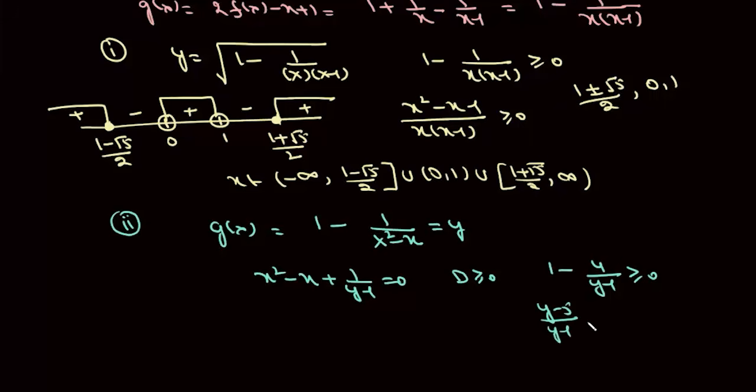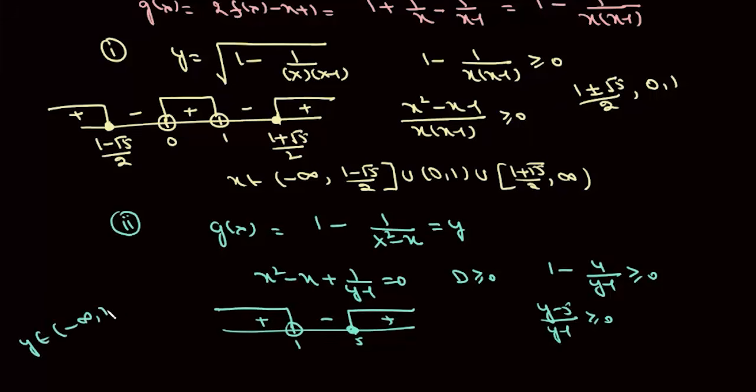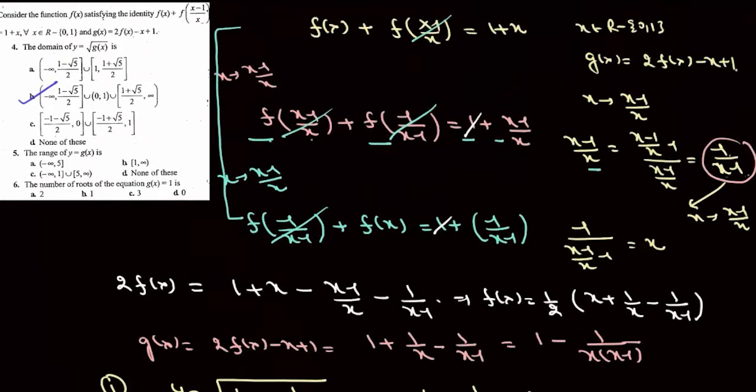Or (y minus 5)/(y minus 1) should be greater than or equal to 0. Now, this is 1, 5, plus, minus, and plus. 1 is not included and 5 is included. So, range of this function is y belongs to minus infinity to 1 union 5 to infinity. So, range of this function is from minus infinity to 1, but this one should be not included.